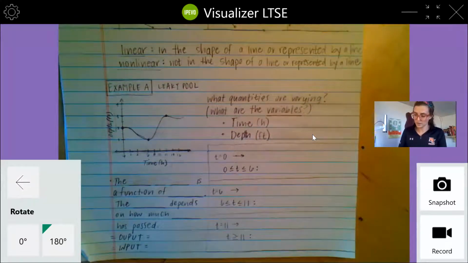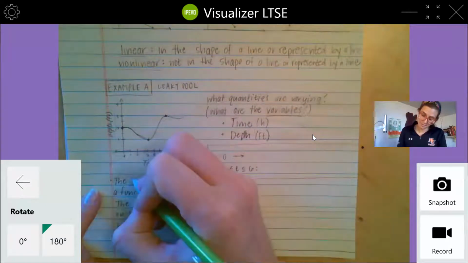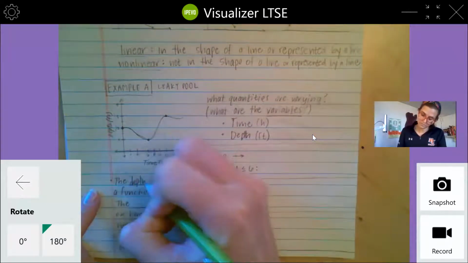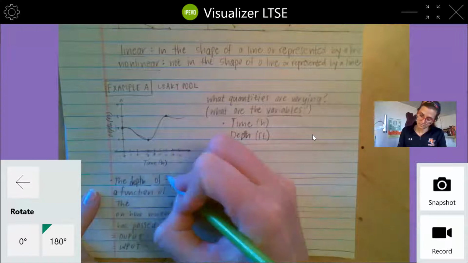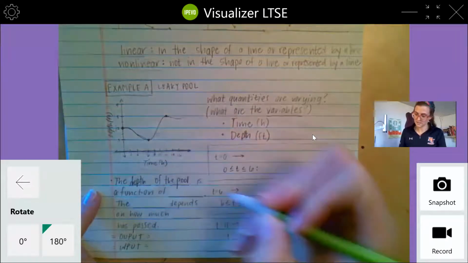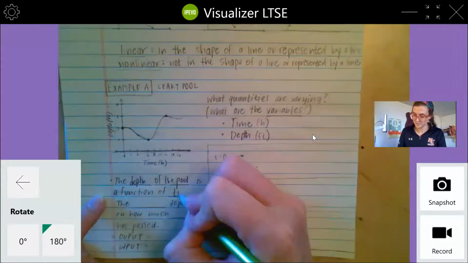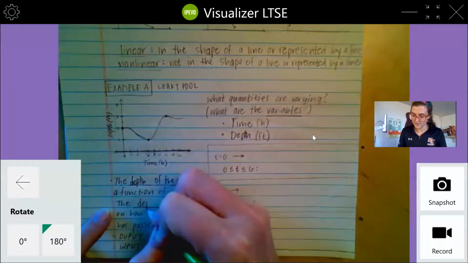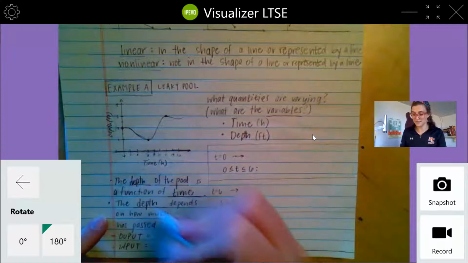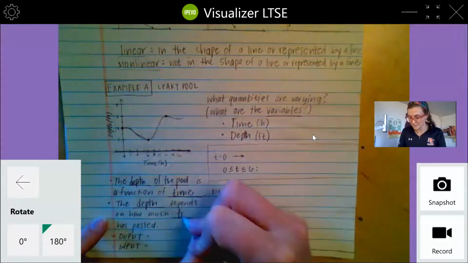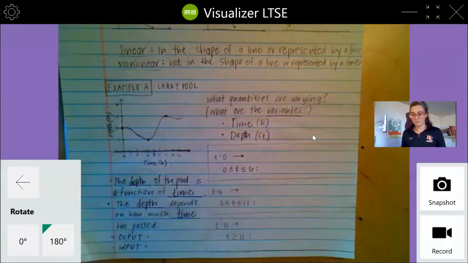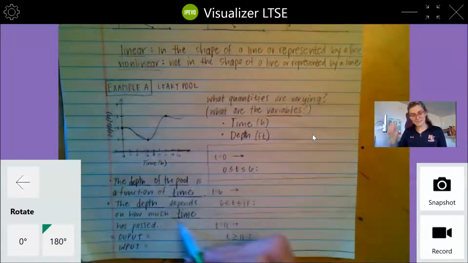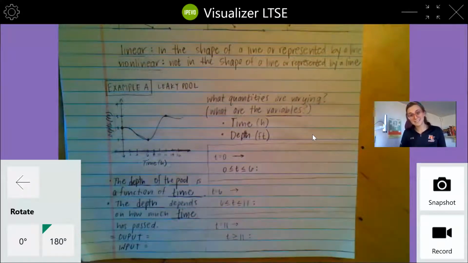So this piece, I'm looking for the depth of the pool is a function of time. The depth, this is just another way to say that, the depth depends on how much time has passed. So again, that time piece will be our independent variable.